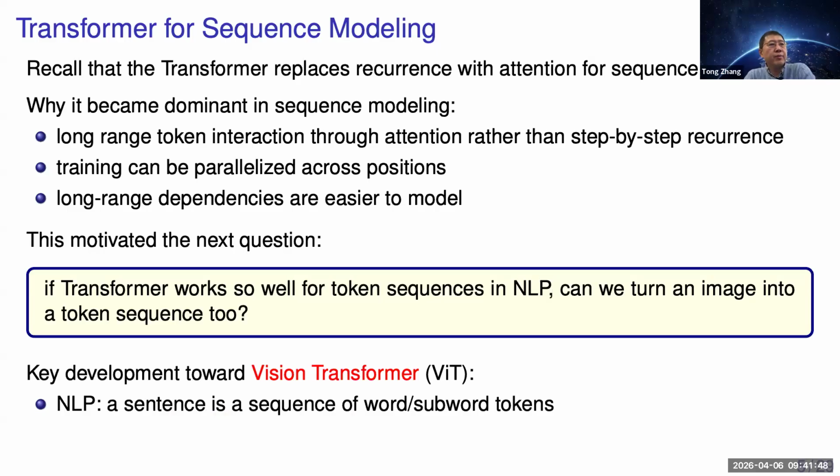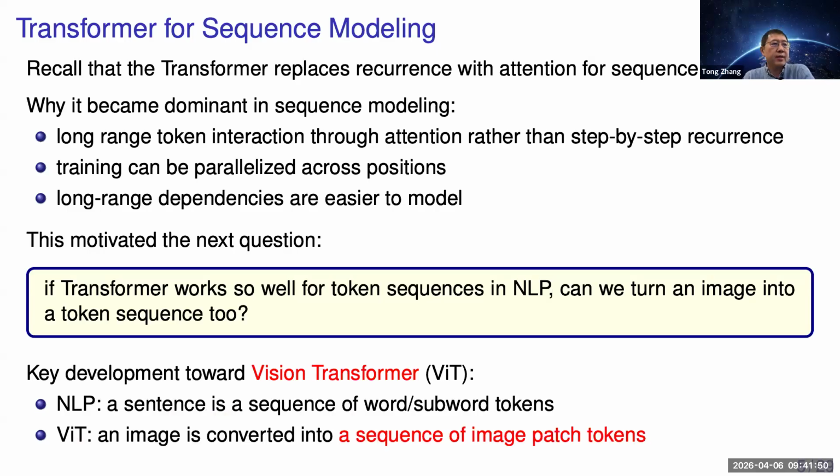In NLP, a sentence is a sequence of words or subwords. Here it's just a sequence of image patches. If you want to call something novel, this is probably one, but even this image patch idea, I don't believe it comes from this particular paper. They are just using it. So essentially, image patch tokens.